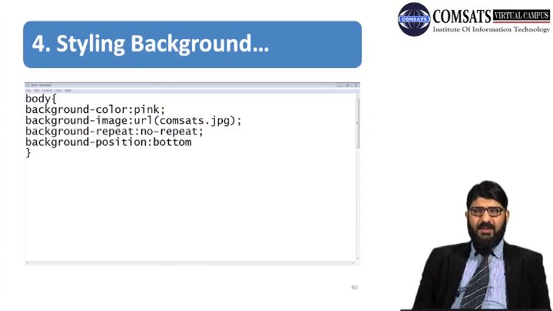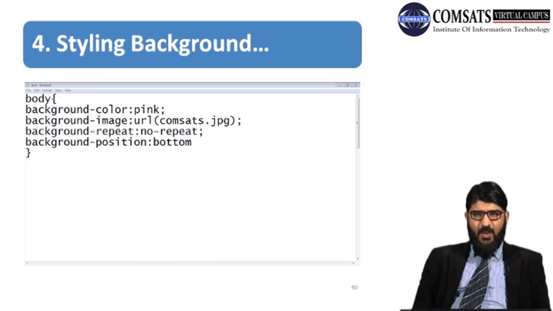So now see the styling for the background. This is a CSS file, and in the body tag we have mentioned these background settings should be applied. So background color is mentioned pink, and then background image is mentioned with a particular reference, that is URL, and it is from the local directory, so comset.jpg is considered.